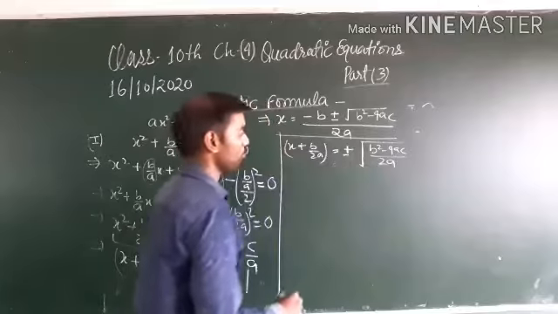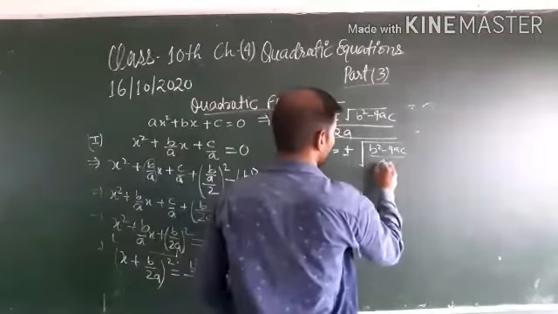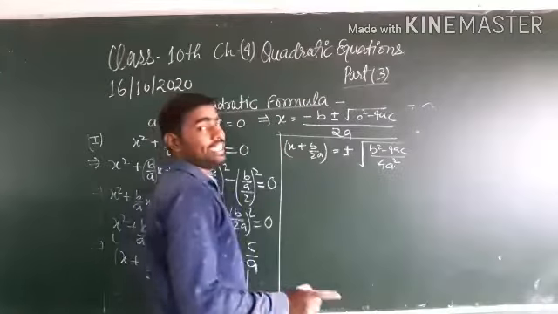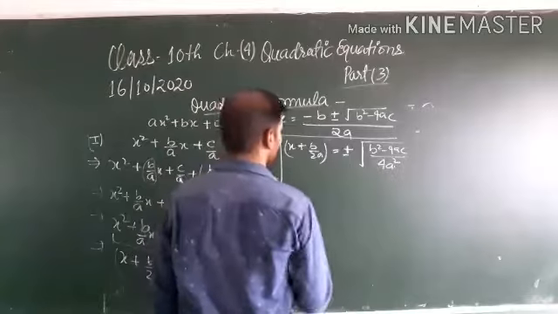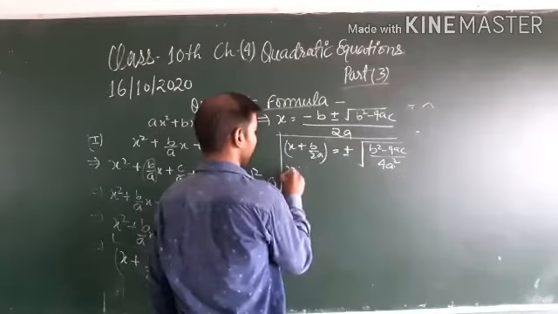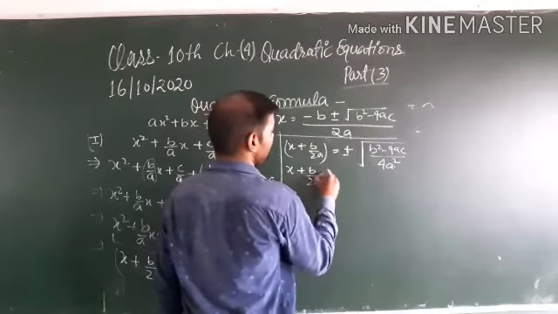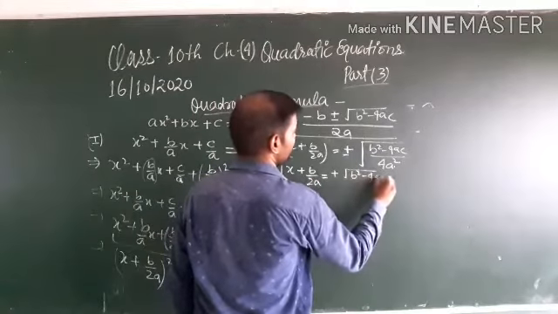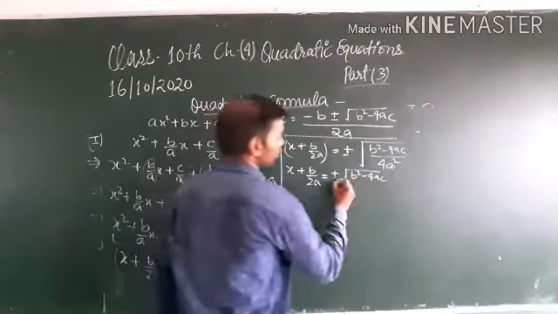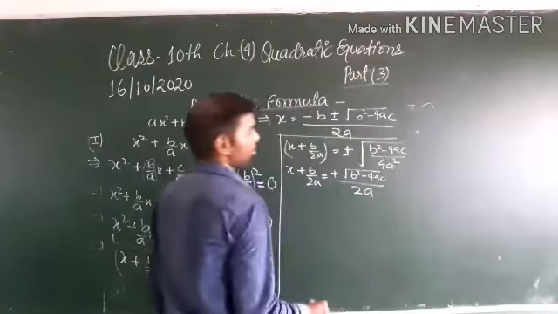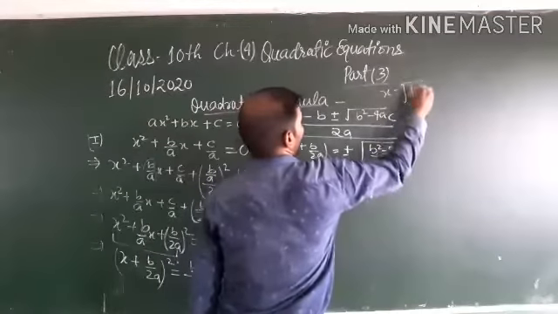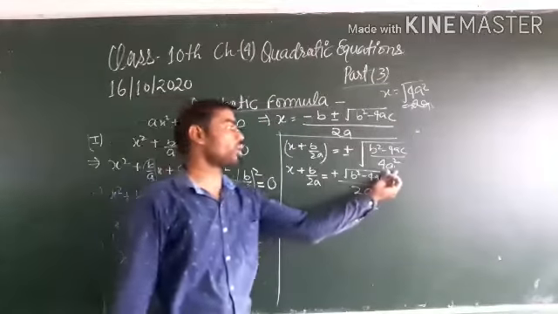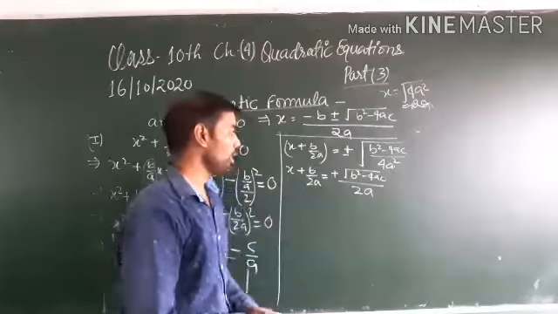So there are two values. This is 4a square. Now first of all we take the positive sign. So taking the positive sign, x plus b upon 2a is equal to plus square root of b square minus 4ac upon 2a, and the 4a square comes out as 2a, because the square root of 4a square is 2a.